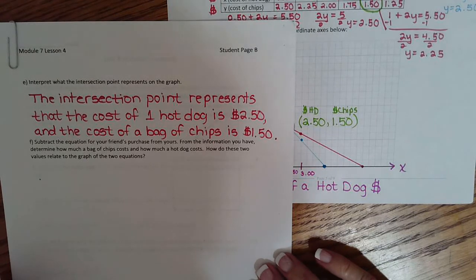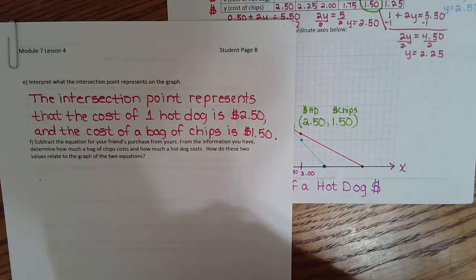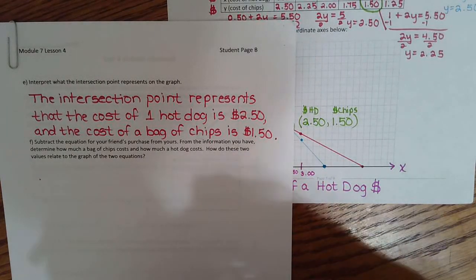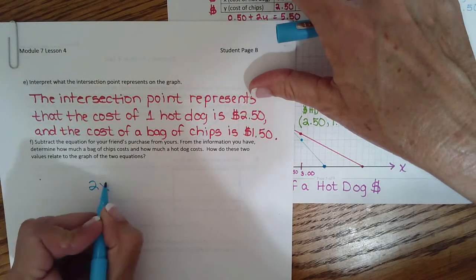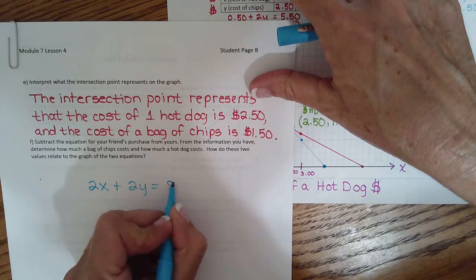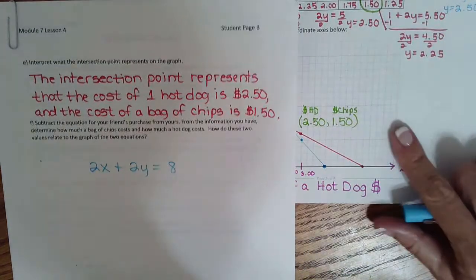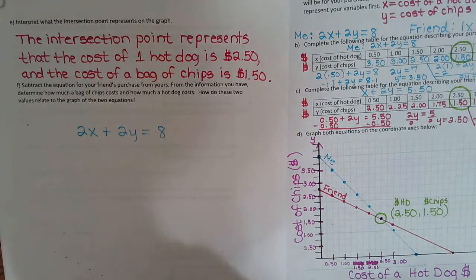So subtract the equation of your friend's purchase from yours. Okay, so my equation, so from mine, does everybody understand from means mine's first? So 2x plus 2y equals 8. And this is kind of leading you into what we're going to do, like I said, at the end. So it's just kind of a little fun exercise.